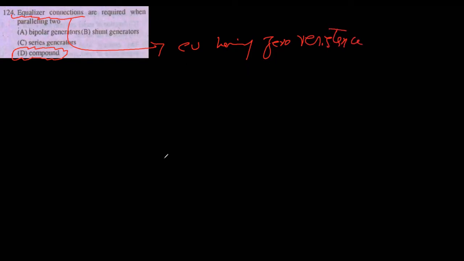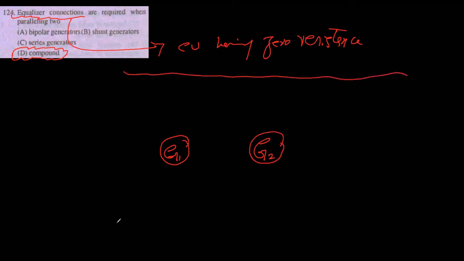And why do we use equalizer connection? Actually, when you connect two compound generators in parallel, let's say this is G1 and the second generator is G2, and let's say this is the bus bar, this is the positive bus bar, this is the negative bus bar.